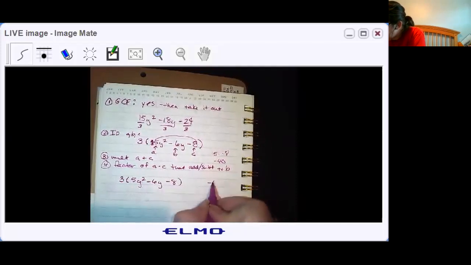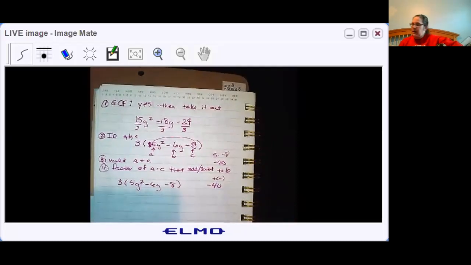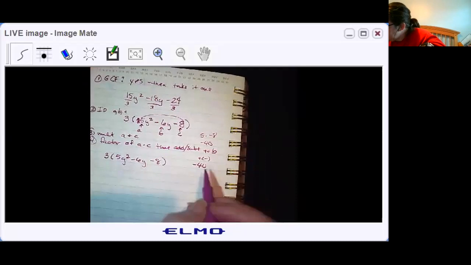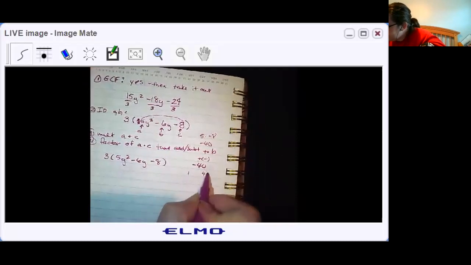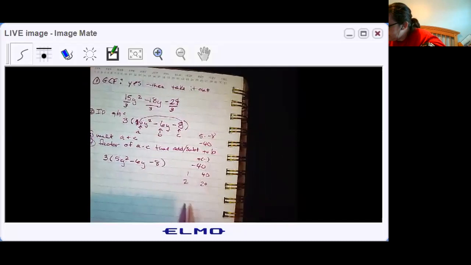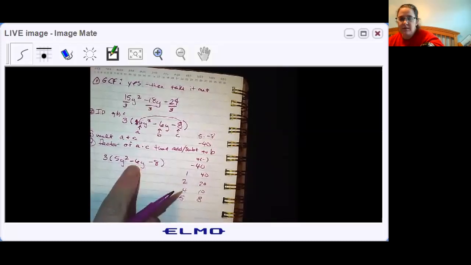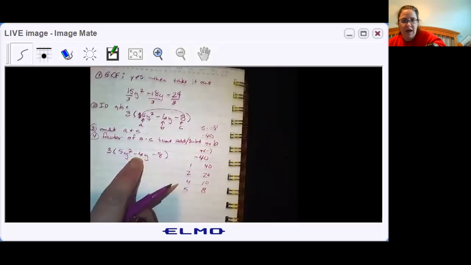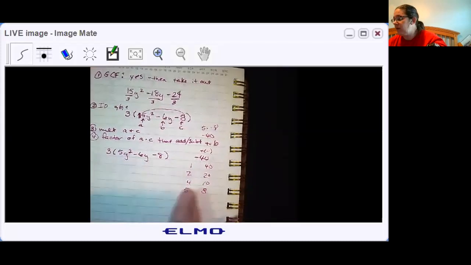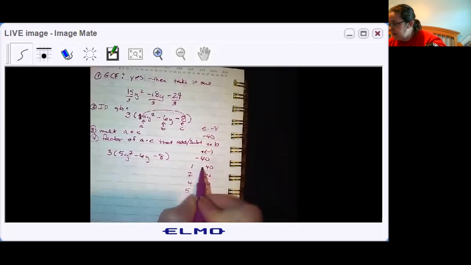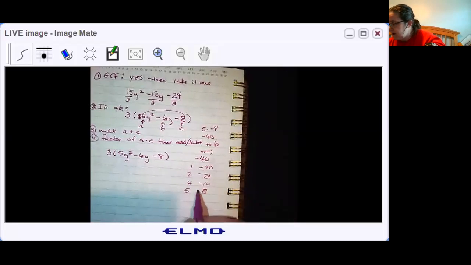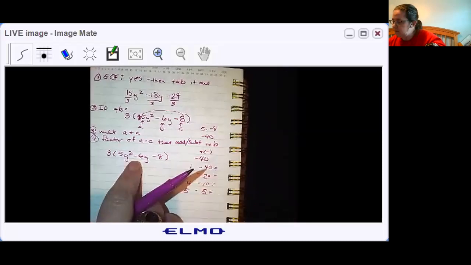So I've got negative 40, which means I'm going to have a plus and a minus when it comes down to it. Numbers that multiply together to give me 40: 1 and 40, 2 and 20, 3 won't go in, 4 and 10, or 5 and 8. Now, because this term in the middle is negative, I want the larger of these two to be negative so that when I do my adding, I'll get a negative as my answer. I'm looking for a negative 6 as my answer.